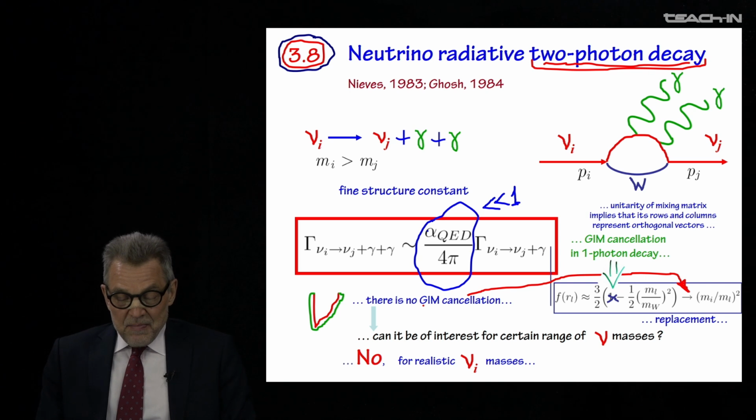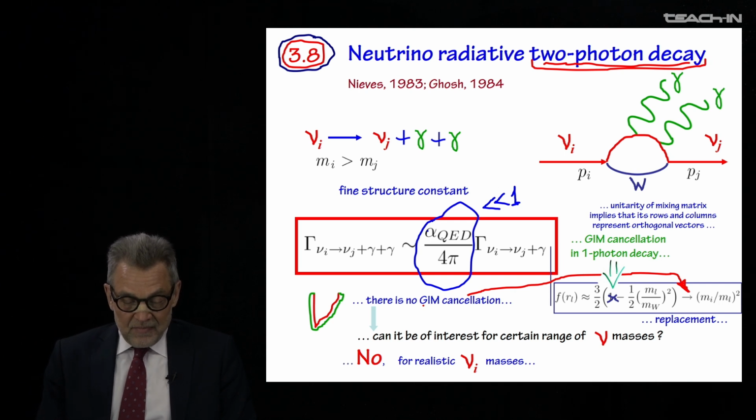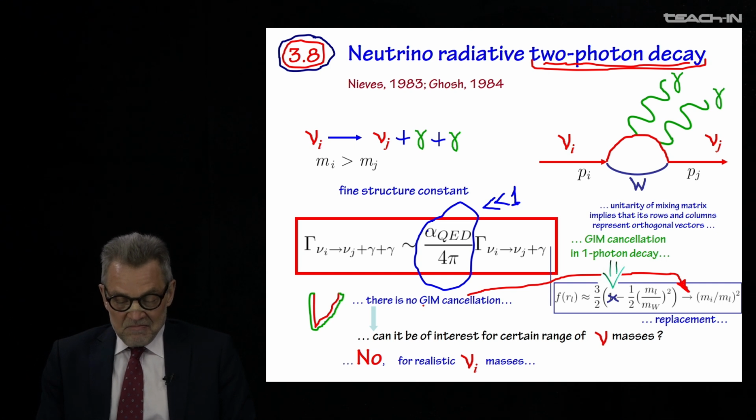But the benefit of this process is that there is no GIM cancellation, because this two-photon neutrino radiative decay is not suppressed in that way, but there is an additional suppression due to the smallness of the electromagnetic coupling. Of course this process also exists in nature, but if we use realistic estimations for the masses of the mass states of neutrinos, we shall come to the conclusion that this is quite a rare process, and it's quite hard to expect that it will be observed or manifested somehow in experiments.